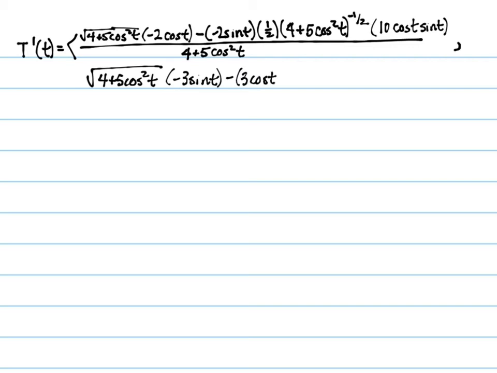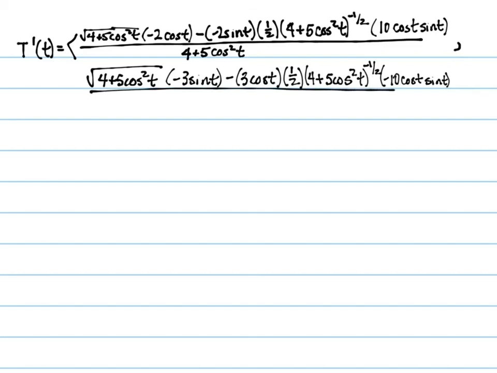You guys can go back and fill in all these details from the notes later. No problem. 1/2 times 4 plus 5 cosine squared t to the negative 1/2, times negative 10 cosine t sine t, all over the same denominator, 4 plus 5 cosine squared t.